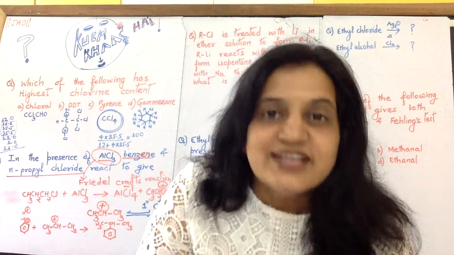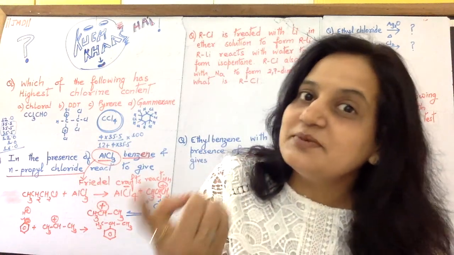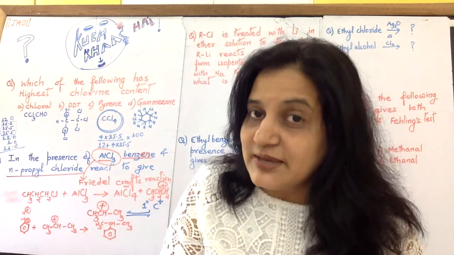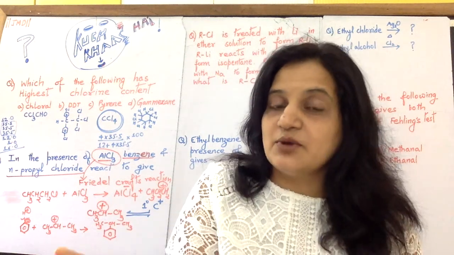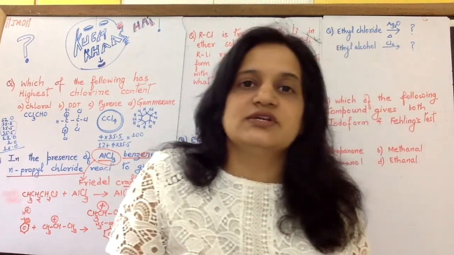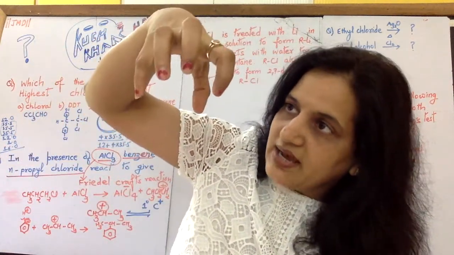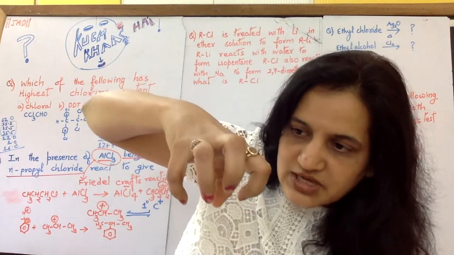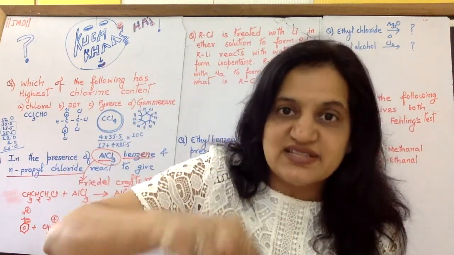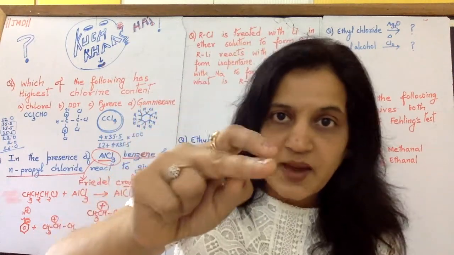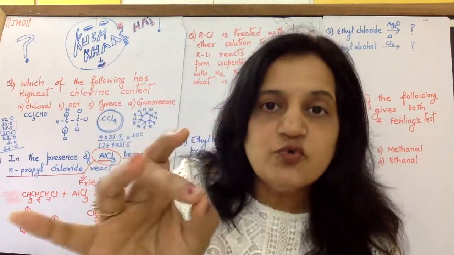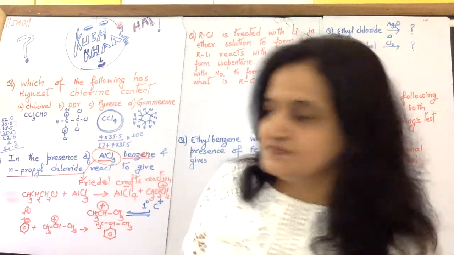Since we know 3 degree carbocations are more stable than 2 degree and 2 degree is more stable than 1 degree, obviously primary n-propyl carbocation will get converted to more stable sec-propyl carbocation, and when that attacks benzene, benzene undergoes electrophilic substitution to give isopropyl benzene, also called sec-propyl benzene, also called cumene, also called 2-phenyl propane.